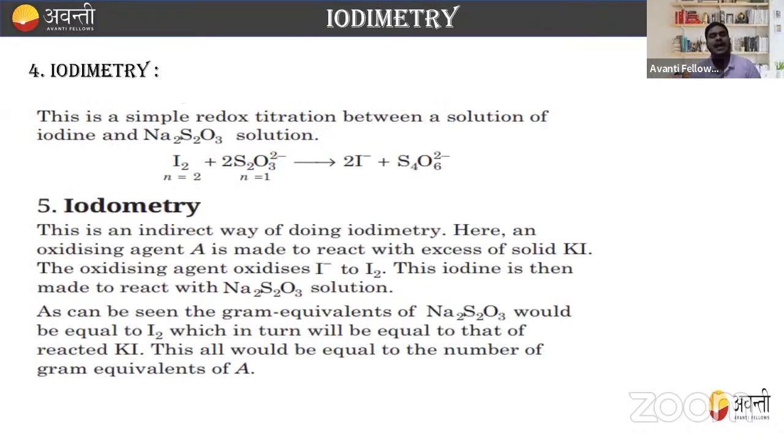The fourth one is iodimetry. So what is this iodimetry? This is a simple redox titration between a solution of iodine and Na2S2O3 solution. So remember this.